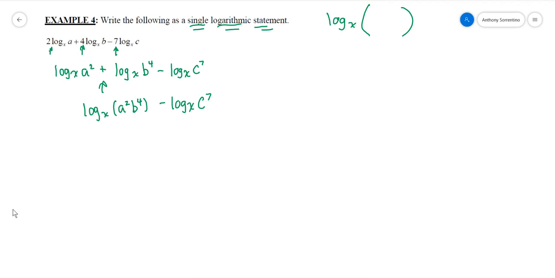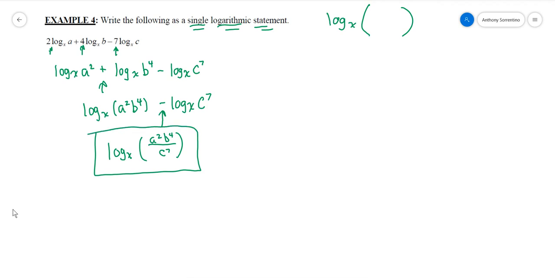Notice that I have this subtraction of 2 logarithms of the same base, which means I can apply the quotient property, and rewrite that as the log base x of a squared b to the 4th, the term in front there, over c to the 7th. And now it's written as a single logarithmic statement, and that's what I wanted.